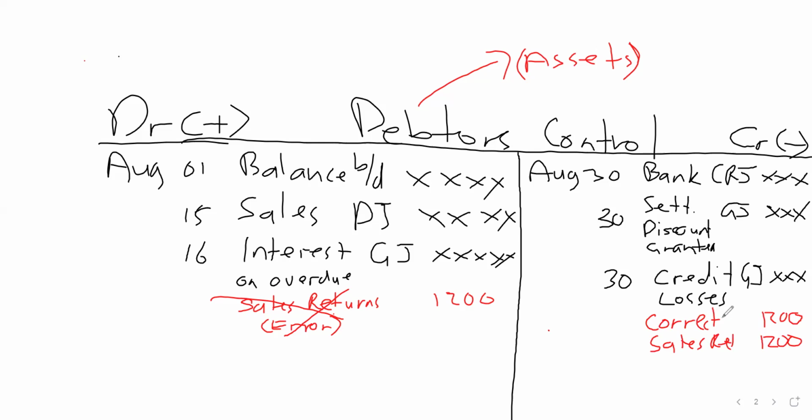First of all, there's a 1.2, which is the correction of this error that you recorded on the credit side of your debtors control. And then there's another 1.2 that you then recorded still on the credit side of the debtors control. Why? Because you are now correctly accounting for that sales returns. So when you take the two together, that's where the 2.4 is coming from. Does it make sense?